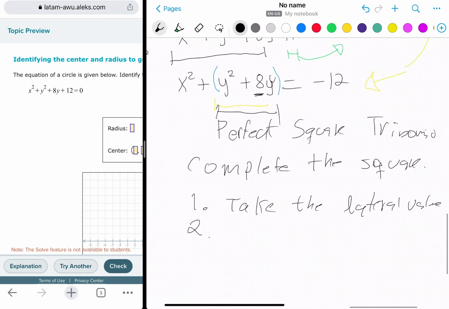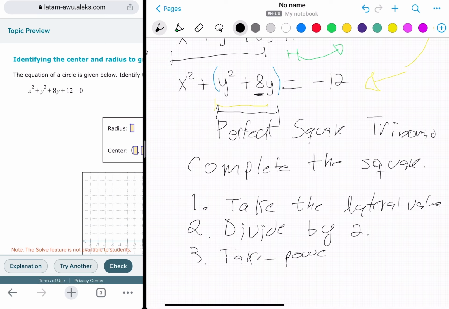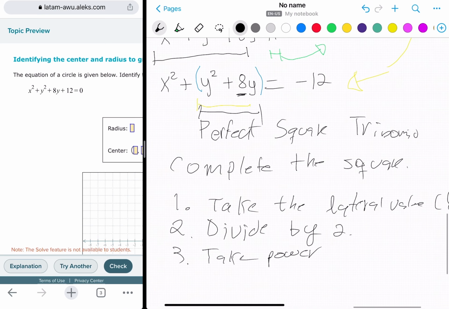That means when the degree is 1 here. So you take that number, you divide it by 2, and then you take the power. Take power. That's what we are going to do here.